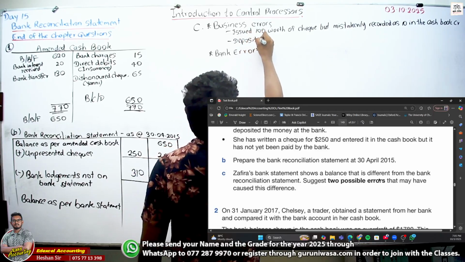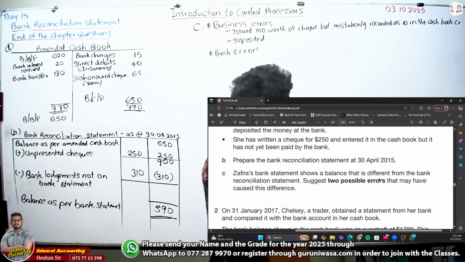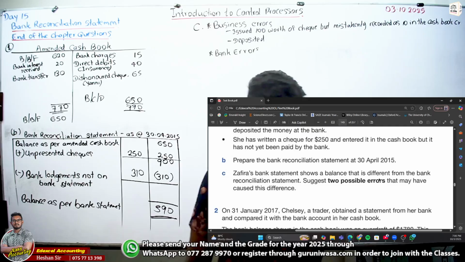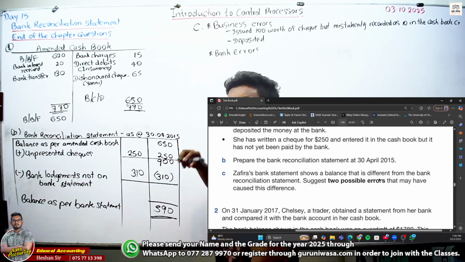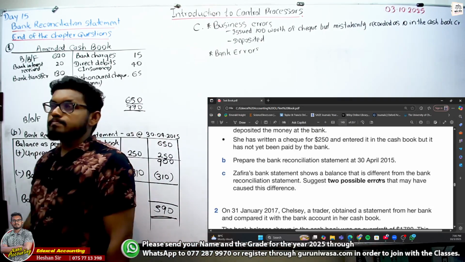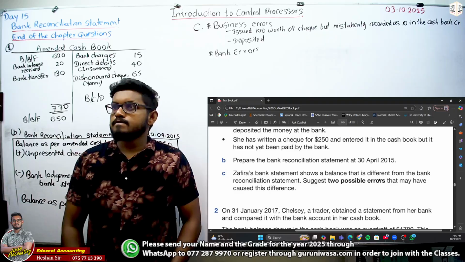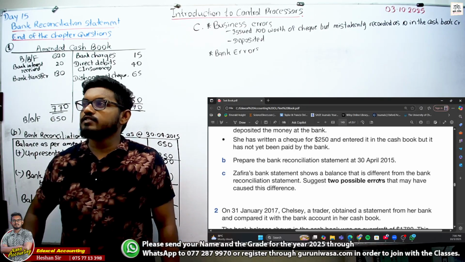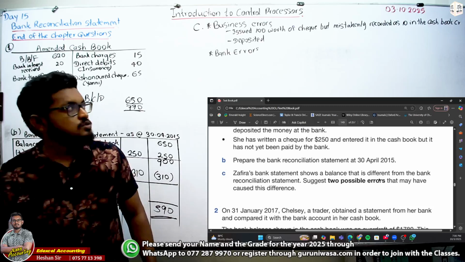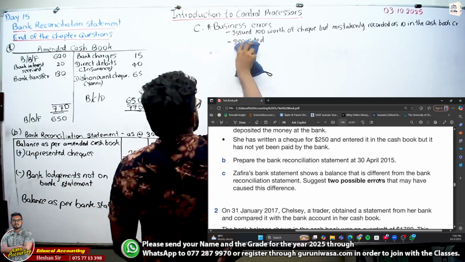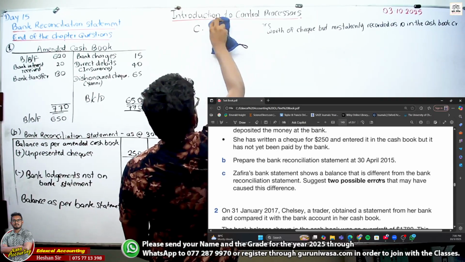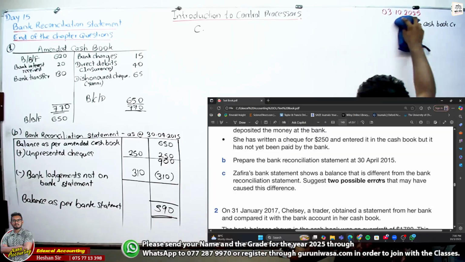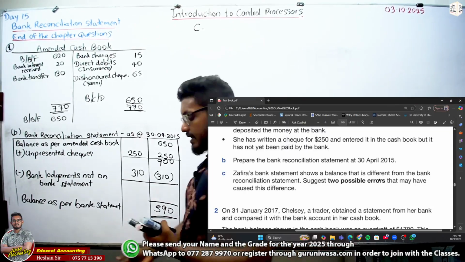Sorry, the bank statement balance differs from the bank reconciliation, which means bank errors. What are the bank errors?